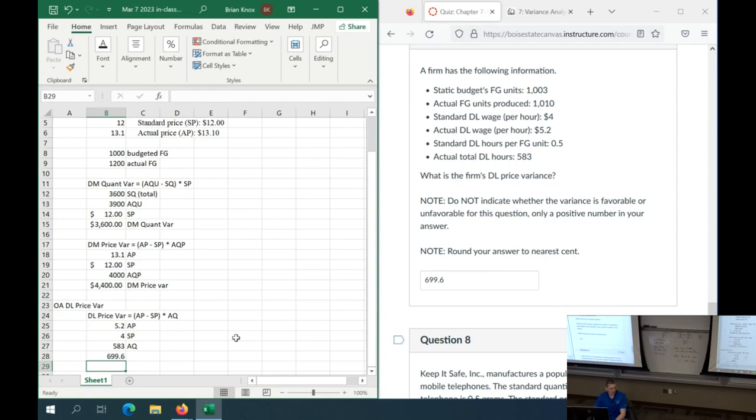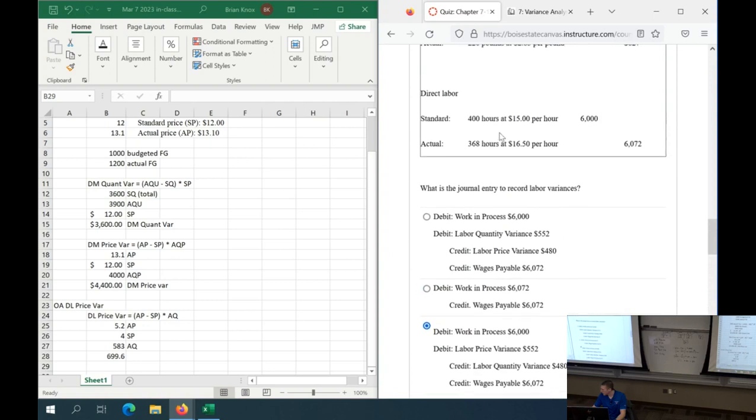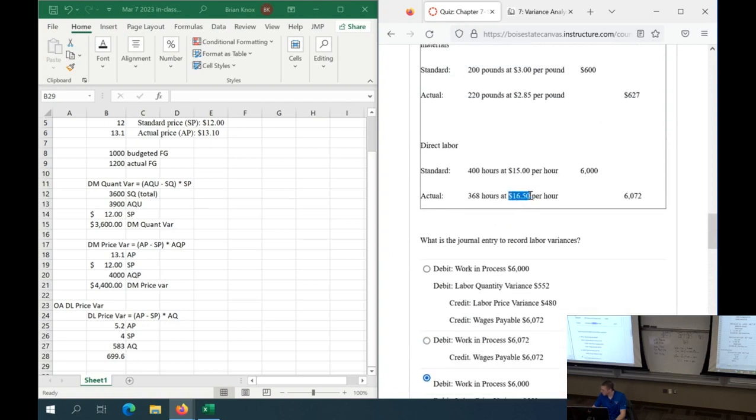I said it's unfavorable to have a higher direct labor price, in the earlier question. But I wonder if this isn't a very realistic example, because that higher price maybe got us better labor and got it done faster. Maybe there's a trade-off going on there. That idea of, is it always unfavorable to have higher wages for your workers? It presages some of the shortcomings of standard costing, of variance analysis.